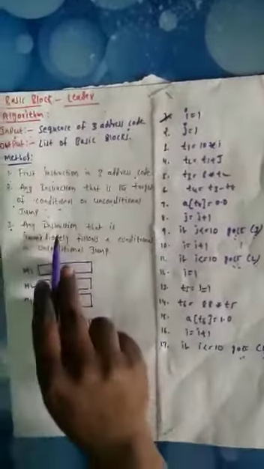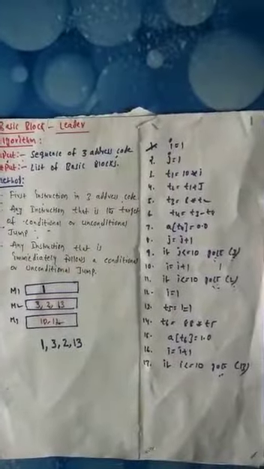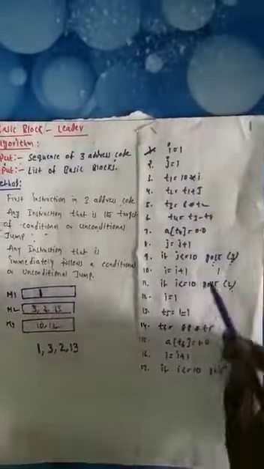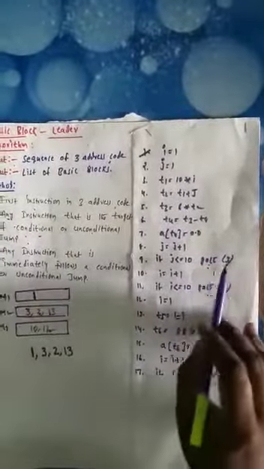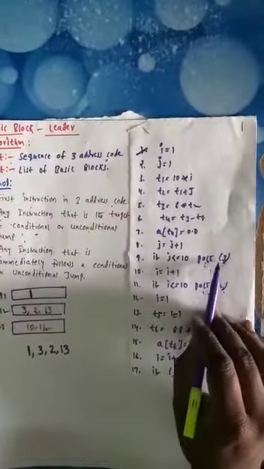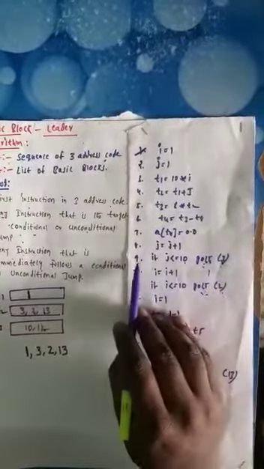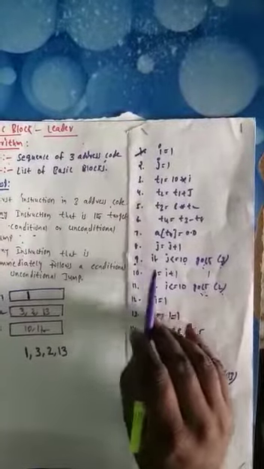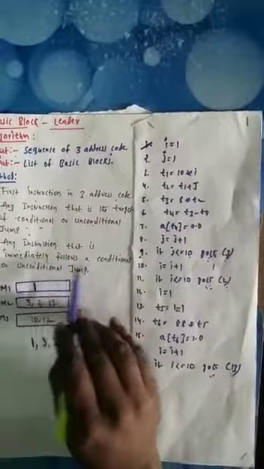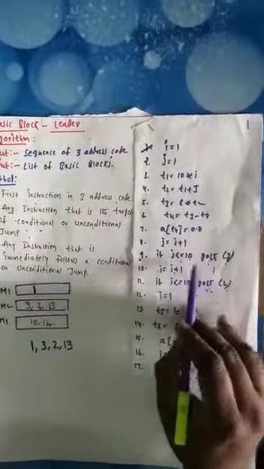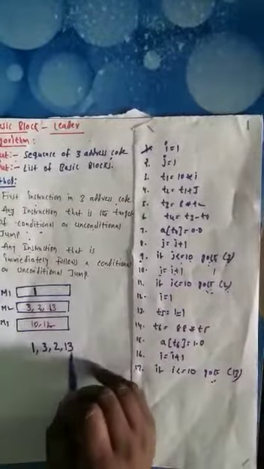By the third method, any instruction that immediately follows a conditional or unconditional jump is also a leader. The goto 3 is instruction number 9, so the immediate next instruction, 10, is a leader.